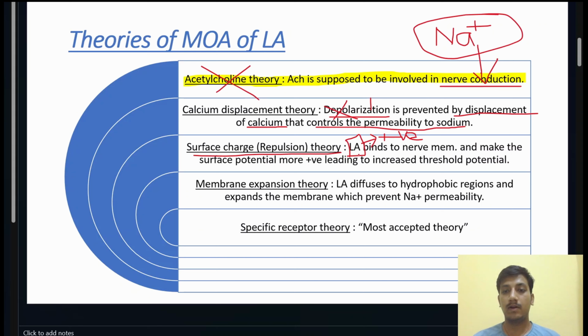The ionized form of LA is positive, which binds to the nerve membrane of the neuron and increases the surface potential to more positive, leading to increased threshold potential and hence decreased conduction. This theory is also discarded, as it does not have much scientific proof yet.